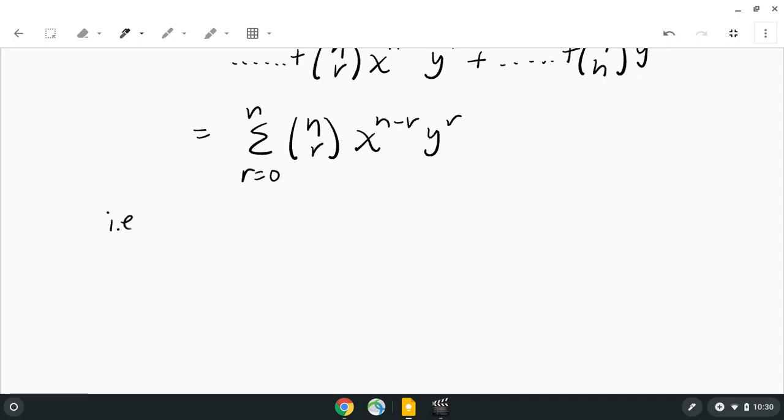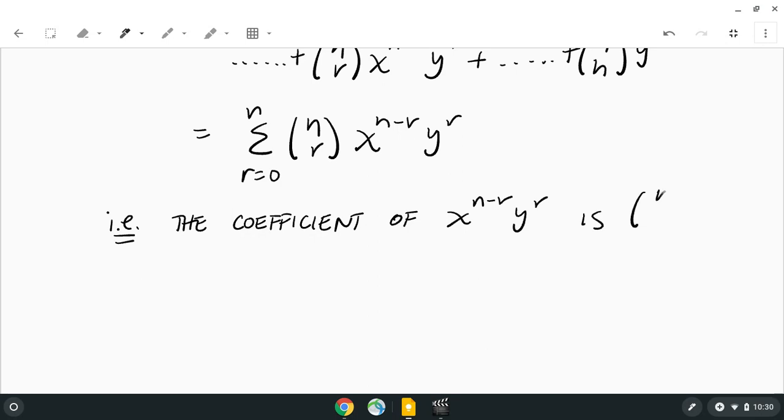So what this is basically saying is that the coefficient of x to the n minus r, y to the r is n choose r, which is that formula we were just doing.